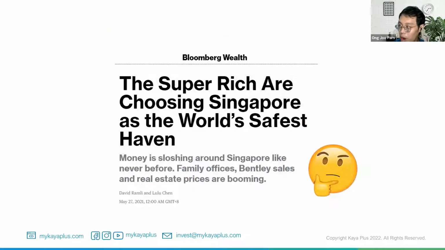And to wrap it up, I'm going to share with you one article titled why super rich people are choosing Singapore as their home ground to invest and to store their wealth. If we follow just a fraction of what they are doing, we might not be super rich, but we might choose to compound and preserve our wealth for the coming years.